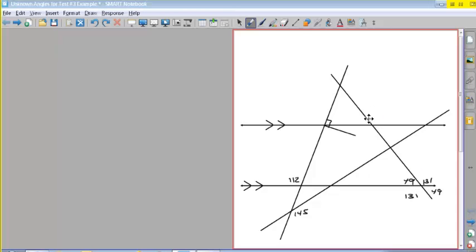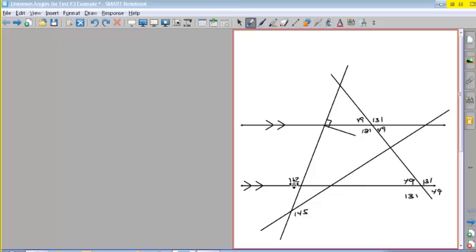So if we go over here to the same line and the transversal, these should match up. The small angles should correspond with the small values and the large angles with the large ones, like that. Okay, I think that's all we can do with that right now.